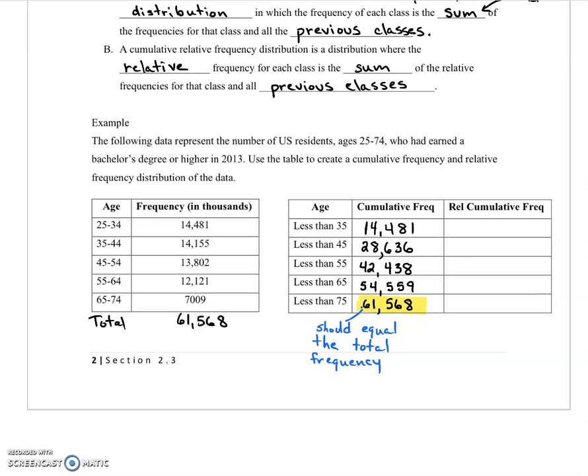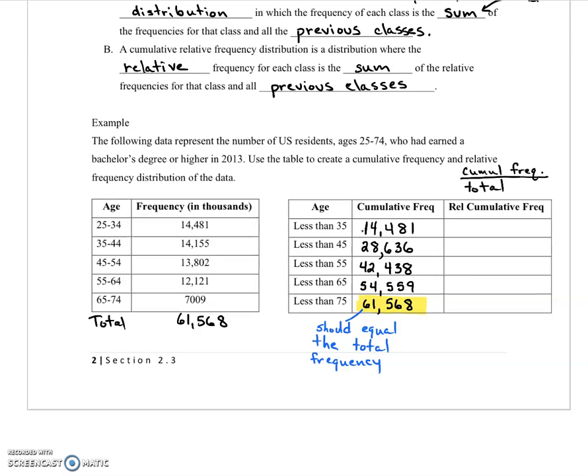Now, how do we do the relative cumulative frequency distribution? Well, we just take the cumulative frequency and divide by the total.